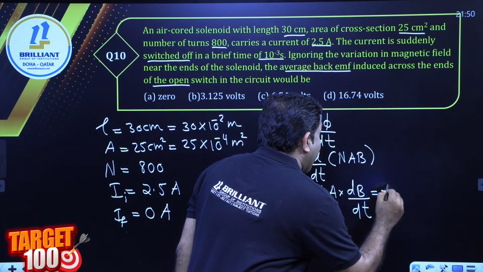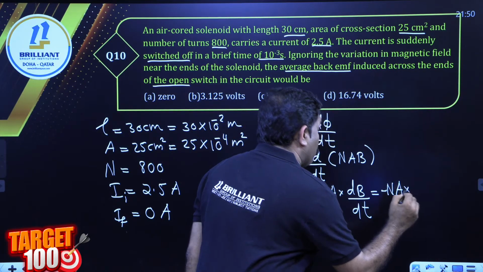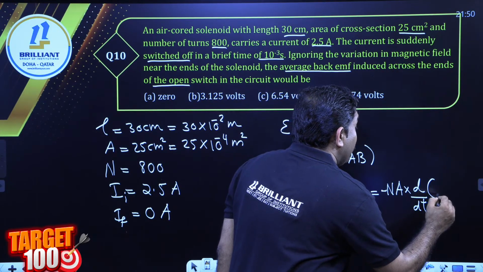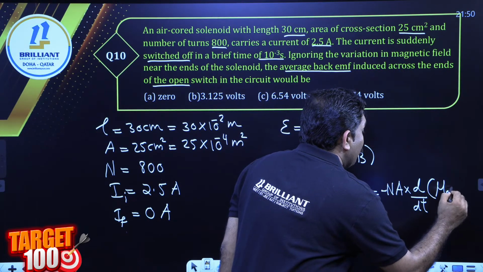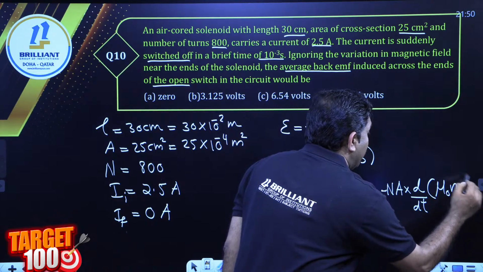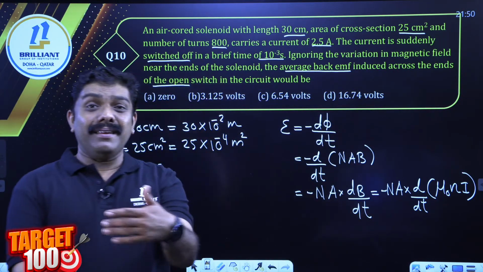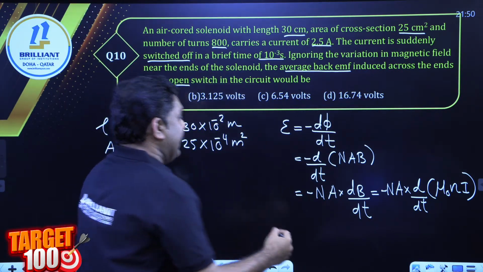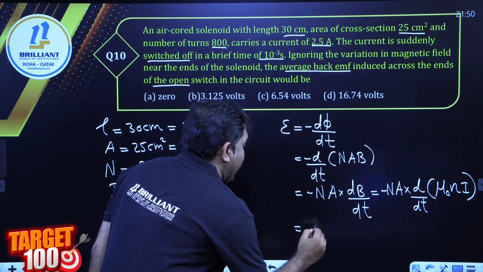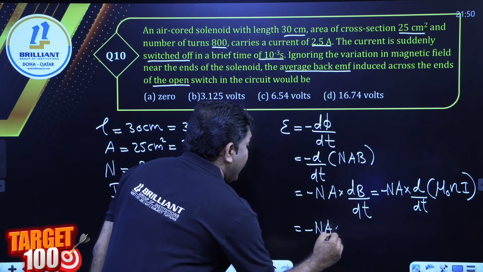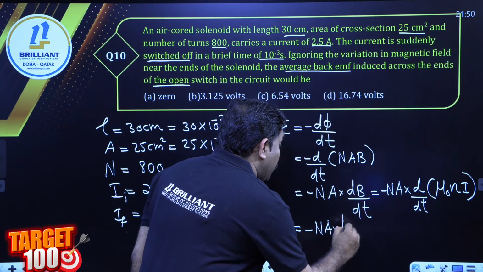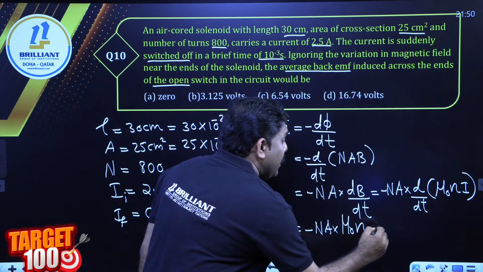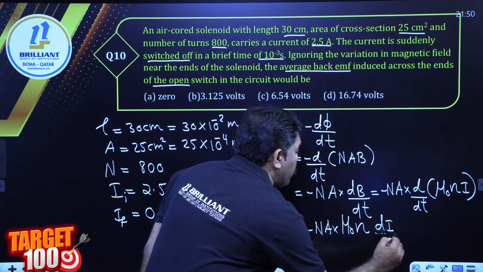So that is minus NA into d by dt of the field due to the solenoid, mu naught n i. But this small n we can replace: small n is capital N by L. So I can write minus NA, then mu naught is not changing, and small n is not changing, but di by dt is there.